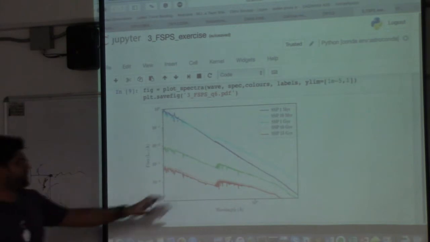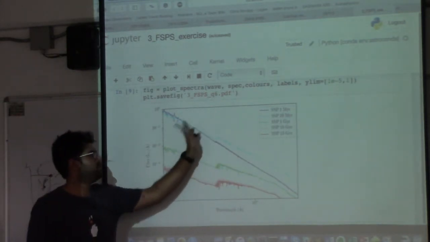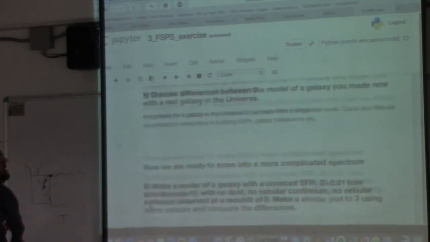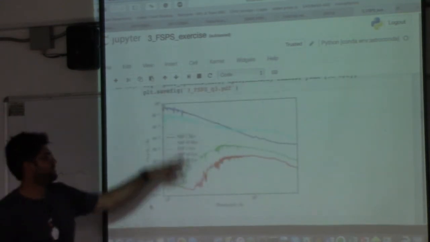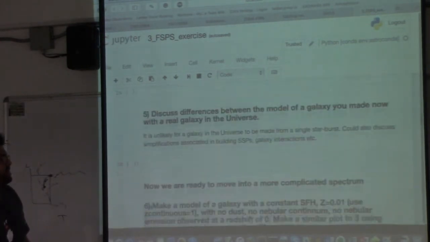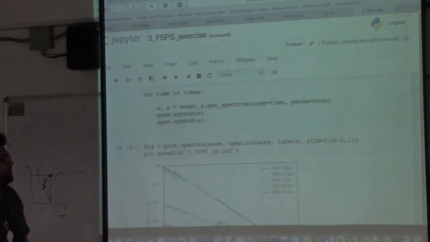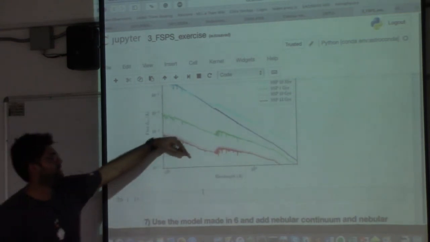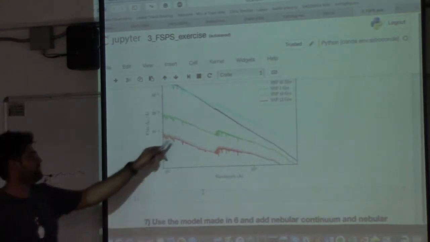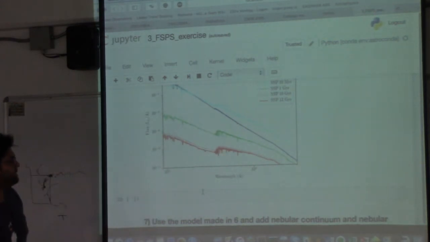But the blue part of the spectrum is now stronger compared to the earlier values, right? Because the older ones are also forming stars, so there is always UV flux coming from these galaxies. So there's not a very big difference, but you can also see the absorption lines getting prominent.